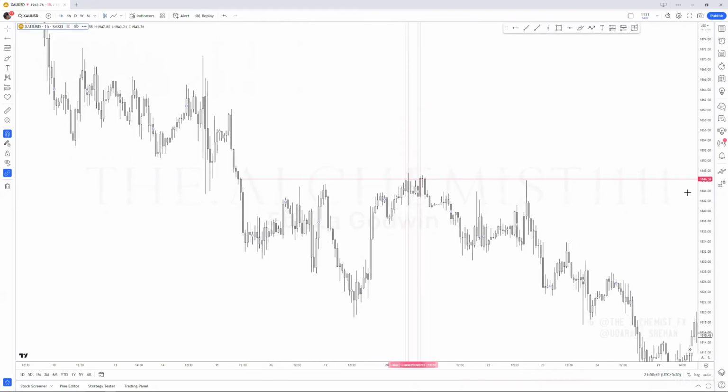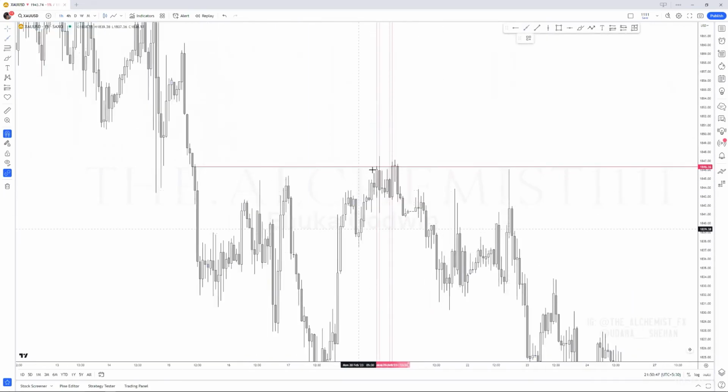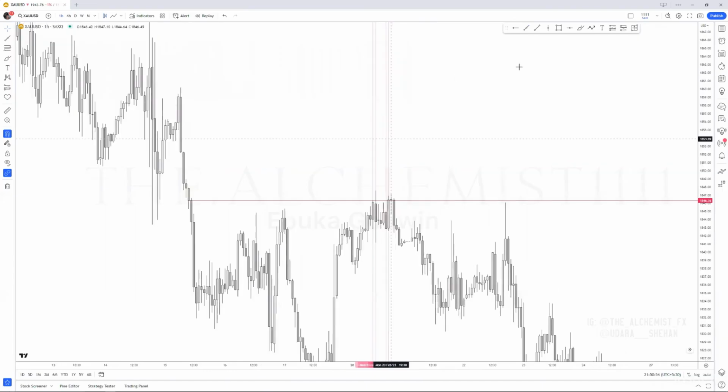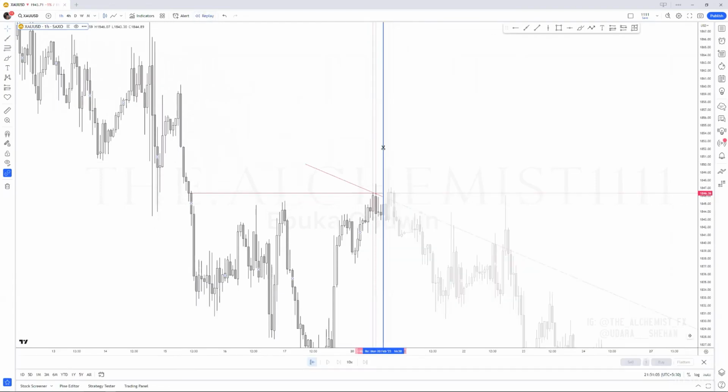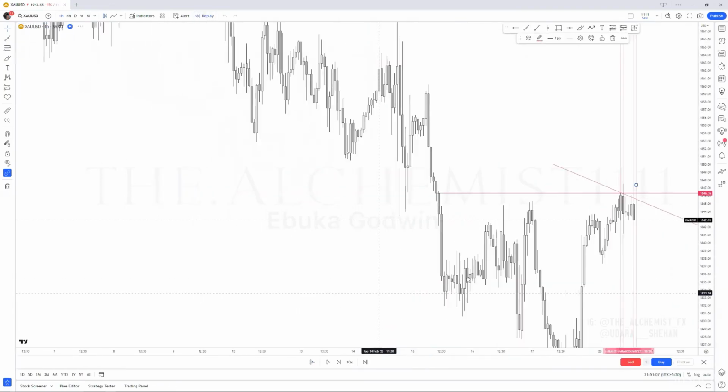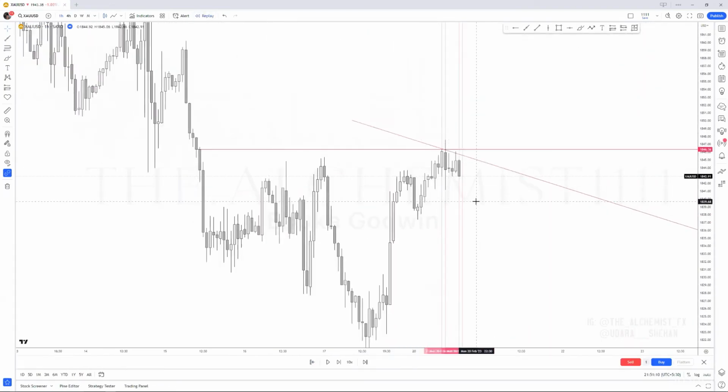Then see if there are any trend lines in line with these key levels at this time of the day. If I put the replay tool here, this is how it should look. When you keep doing this, you will see that the best moves, the reversals, the continuations and the best setups are always played out at this time of the day.